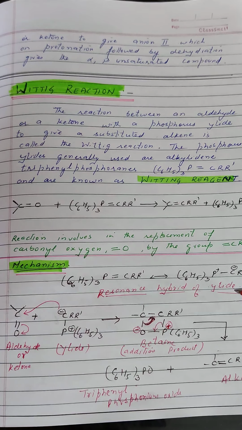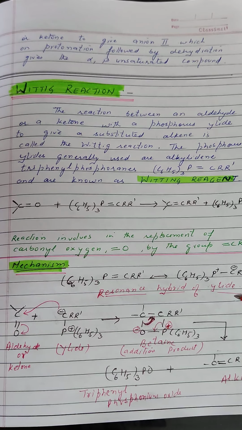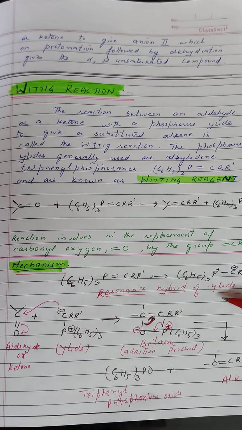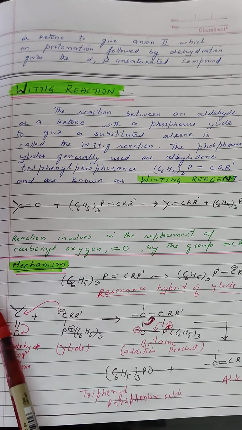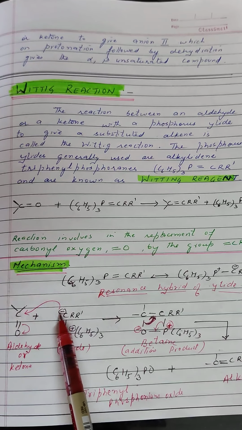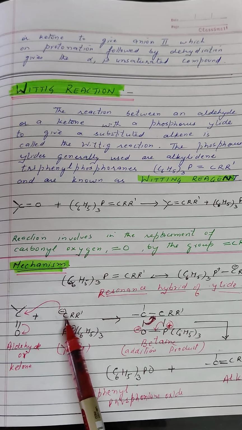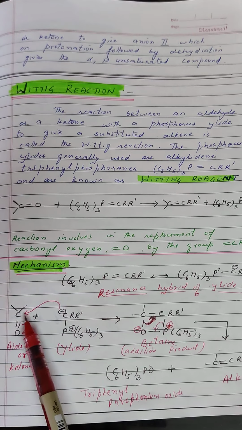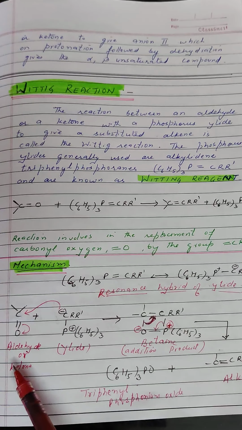Due to the negative charge on the carbon, this ylide exhibits carbanion character and it initiates a nucleophilic attack on the carbonyl carbon of the aldehyde or ketone. So there you can see the nucleophilic attack is by the negatively charged carbon of the ylide, which attacks nucleophilically on the carbonyl carbon of the aldehyde or the ketone.